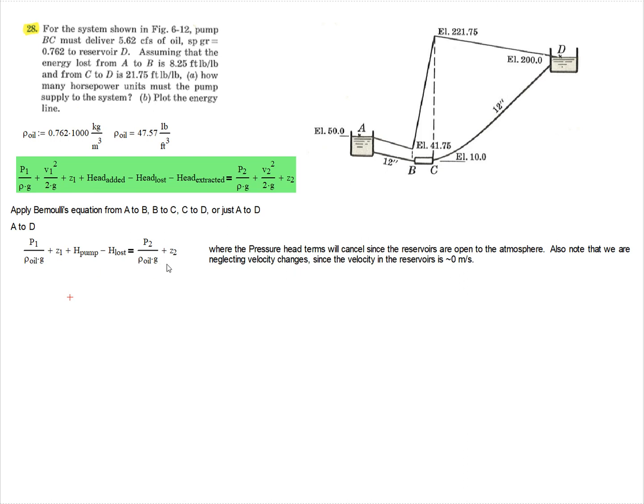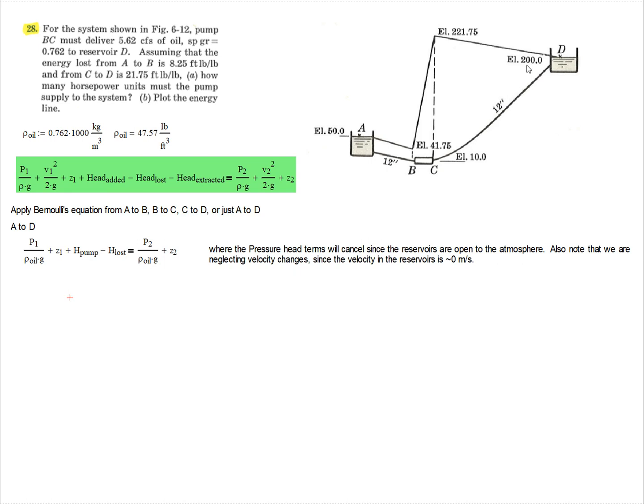So I've canceled out a couple of those terms, the velocity heads and the head extracted. But notice that we can also cancel out the pressure terms. Why is that? We can cancel out the pressure terms because both of these reservoirs are exposed to the atmosphere. They have the same pressure, right?